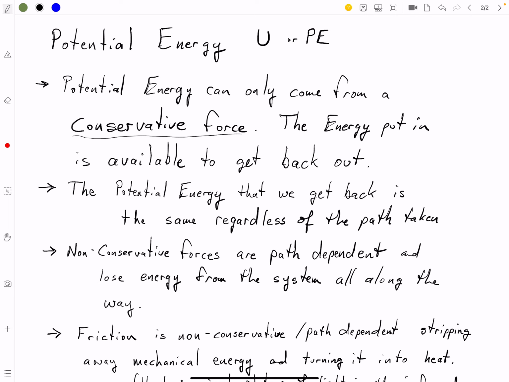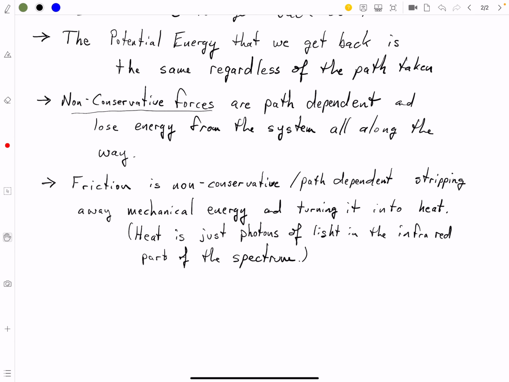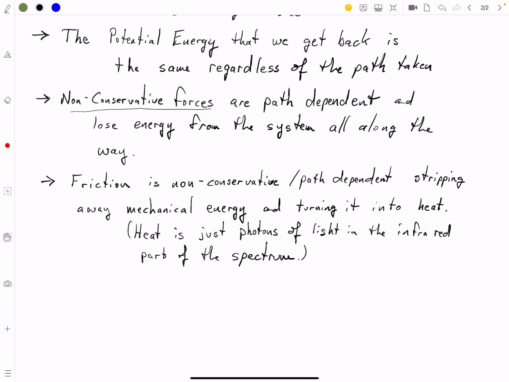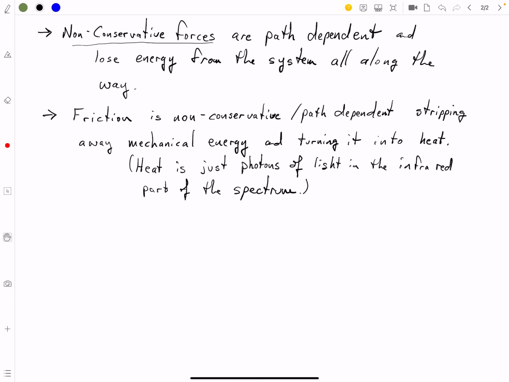that's great. For non-conservative forces, those are path dependent and lose energy from the system all along the way. So no matter what happens, you're losing energy from these non-conservative forces. Friction is the best example of it.